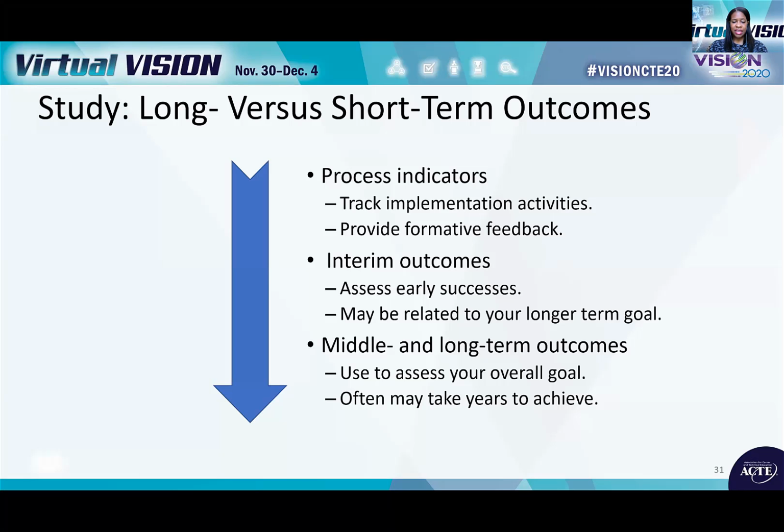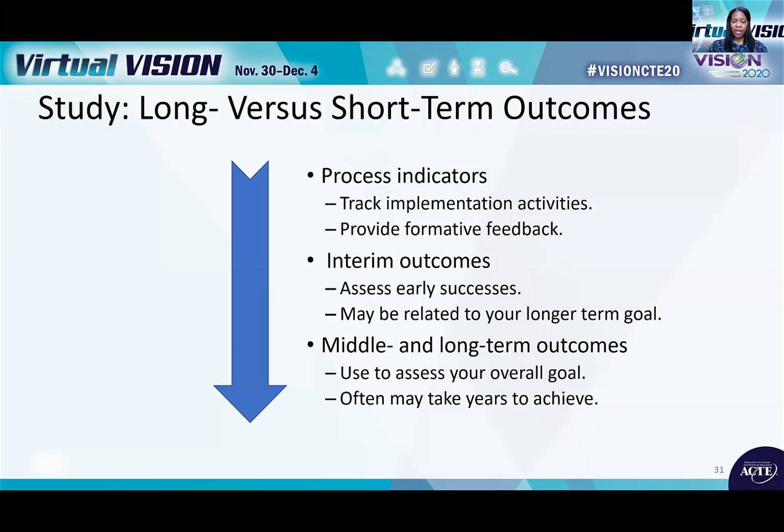So process indicators are used to track the progress you're making in rolling out our initiative, rolling out our action plan, our activities and strategies that we're implementing. And this may include metrics that are related to the number of times that groups are meeting or the number of individuals attending activities. The information you collect may offer great formative feedback, which can help to shape your work.